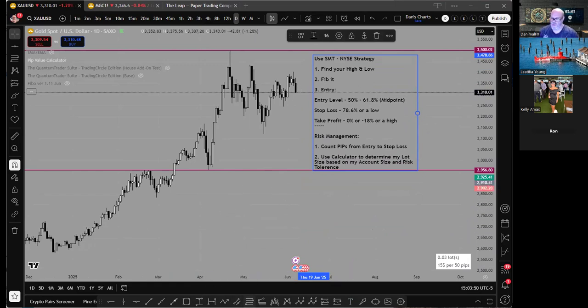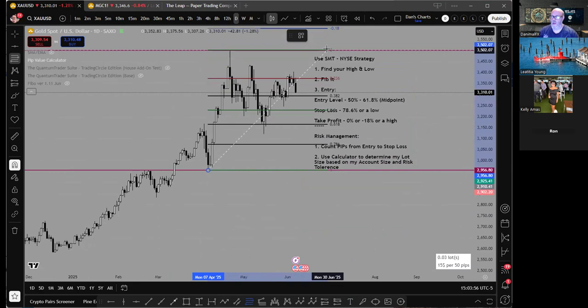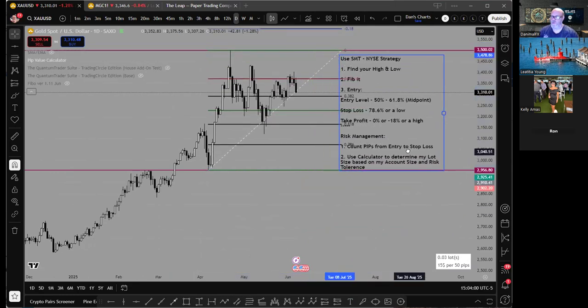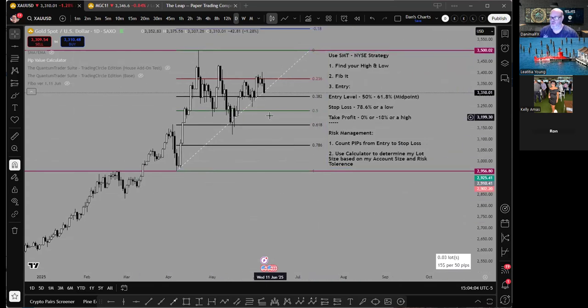Then what we'll do now is we'll fib it. Depending on how you use your fib, I sometimes have it run to the end, but we don't have to, as long as you can see the numbers. The strategy says to put in the trade at the 50.